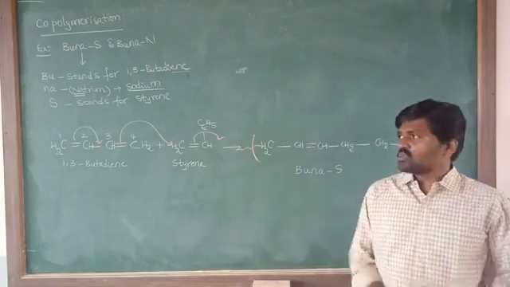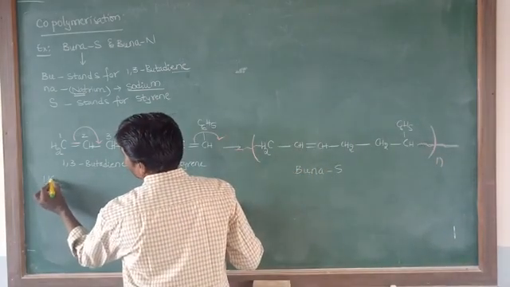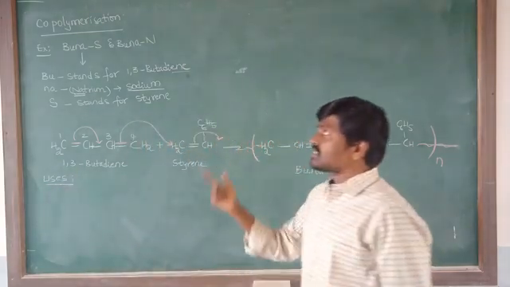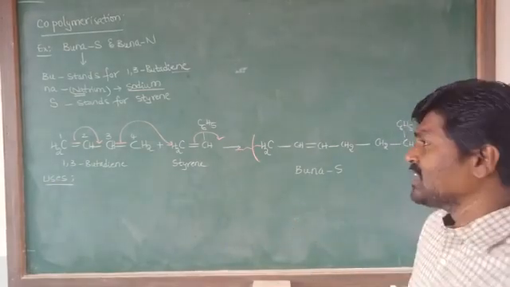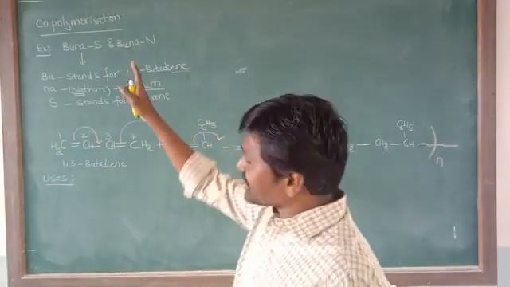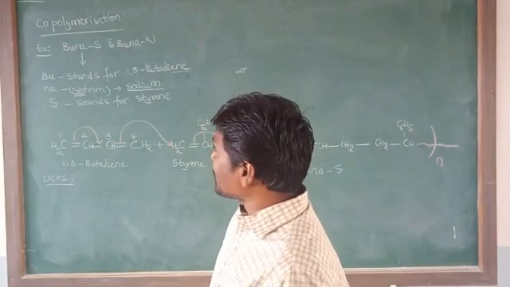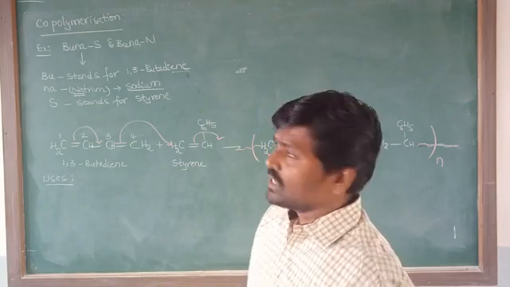Next, coming to the uses now. What are the important uses of this Buna S? Buna S is an example of copolymerization. This is an example of copolymers.